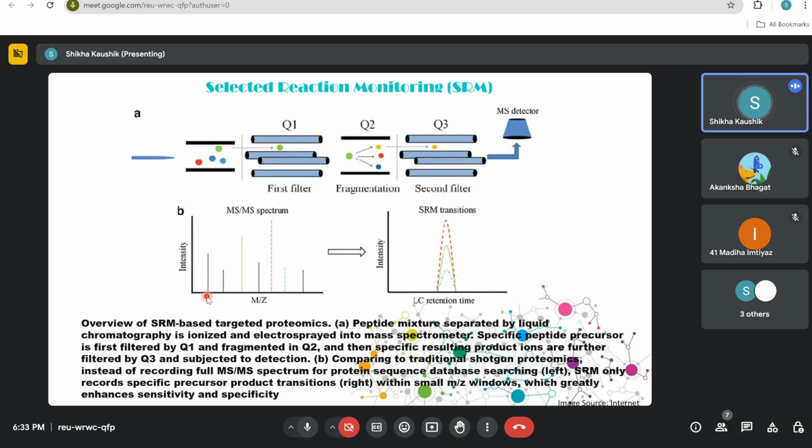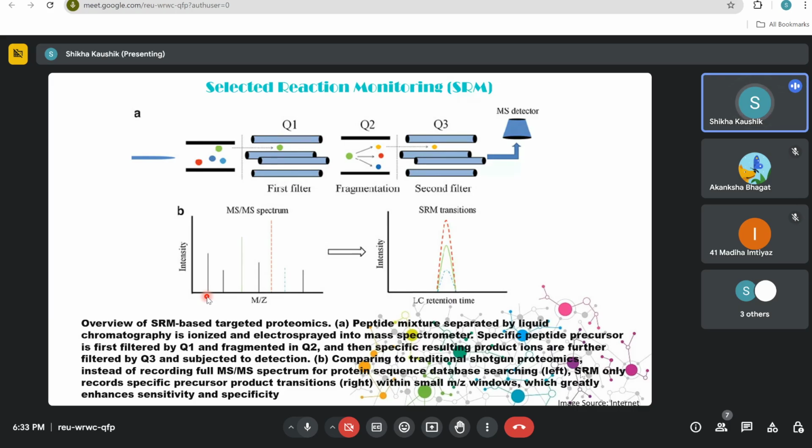So this figure gives you the overview of SRM based targeted proteomics. In label A, a peptide mixture separated by liquid chromatography is ionized and electrosprayed into the mass spectroscopy. Whenever we do any kind of targeted proteomics, we always have discovery proteomics first.